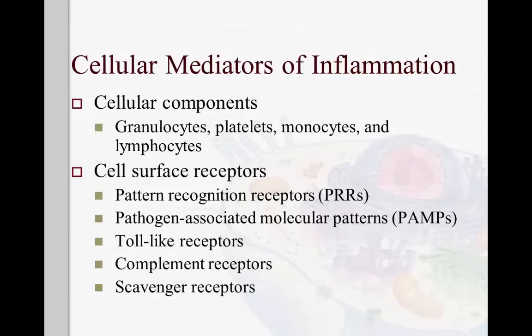There is the pattern recognition receptor that recognizes molecular patterns of infectious agents. We have pathogen-associated molecular patterns that produce necrosis or apoptosis. We discussed already in the cell PowerPoint that apoptosis is programmed cell death.